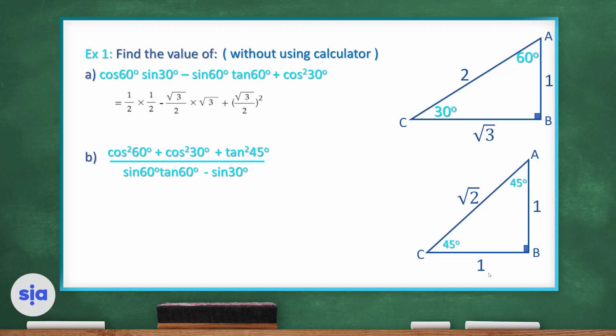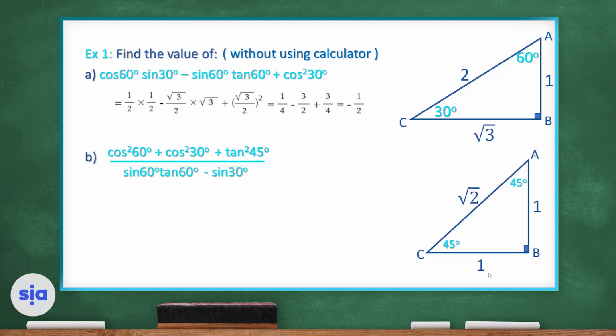Then cosine 30 is square root 3 over 2, and then all squared. If you simplify, half times half is a quarter, minus square root 3 over 2 times square root of 3, it's 3 over 2, plus square root of 3 over 2 all squared is 3 over 4. Quarter minus 3 over 2 plus 3 over 4, the result is negative half.